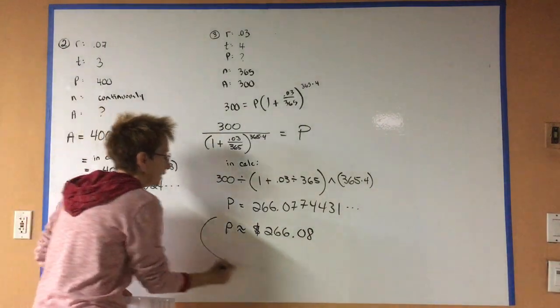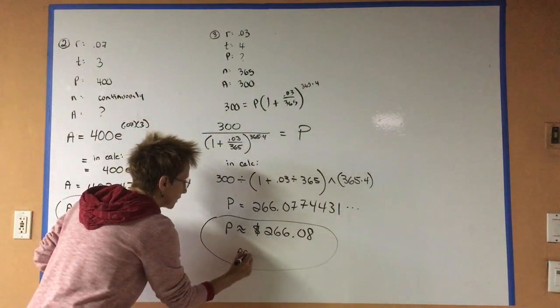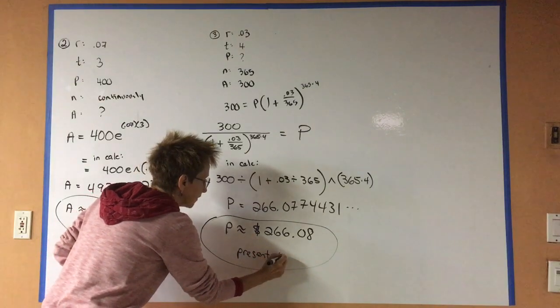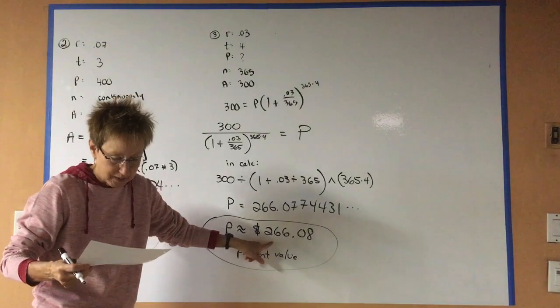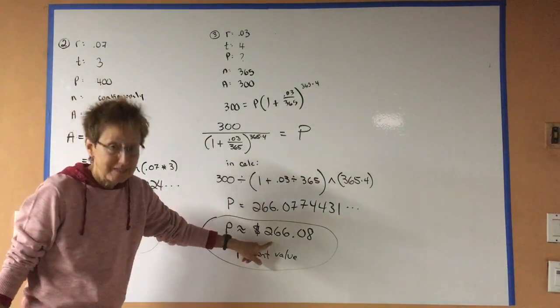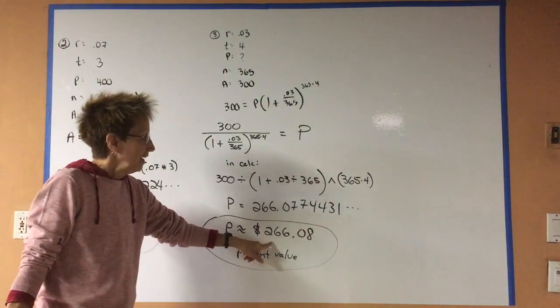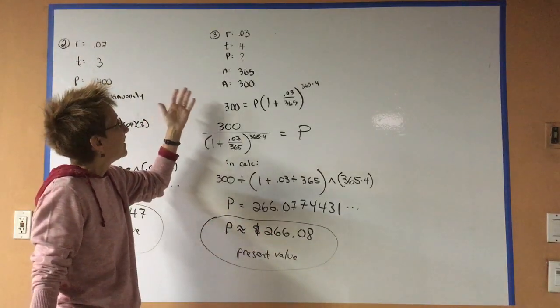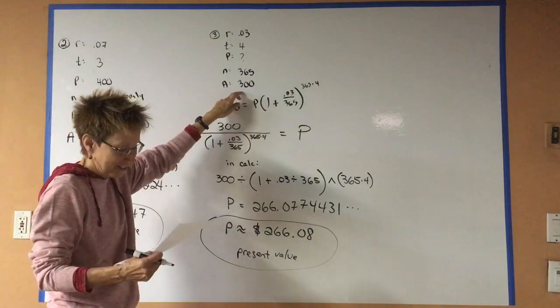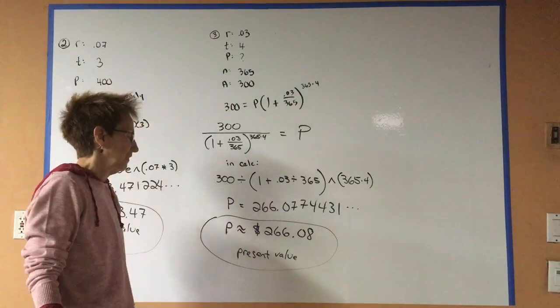So what is this telling me? This is my present value. In other words, this is how much money I need to have right now, or who is it, Joe again? This is how much money Joe needs to have right now to put into the bank so that he can realize $300 after 4 years. Wow.